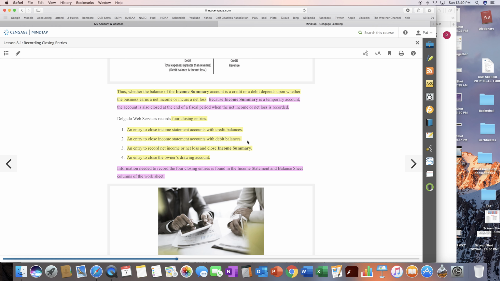Whatever the balance is, $5,820 is a credit, and we have to do the exact amount on the opposite side. To make a closing entry, we debit sales for the amount to get it to a zero balance.